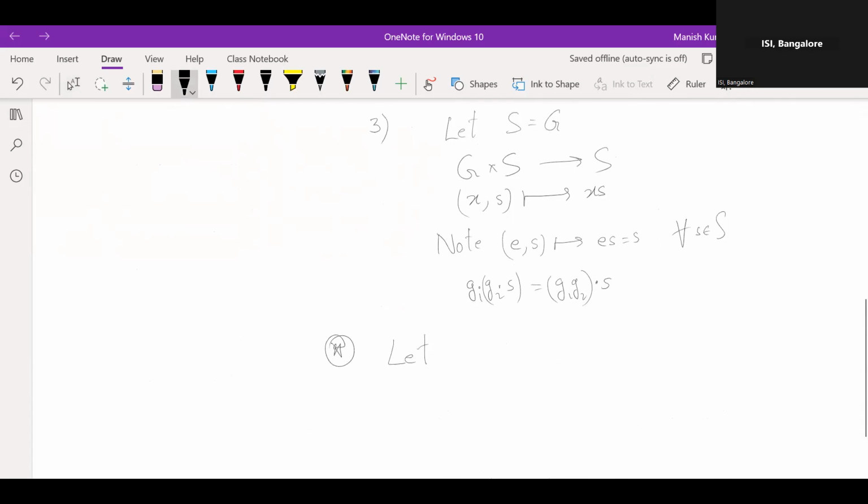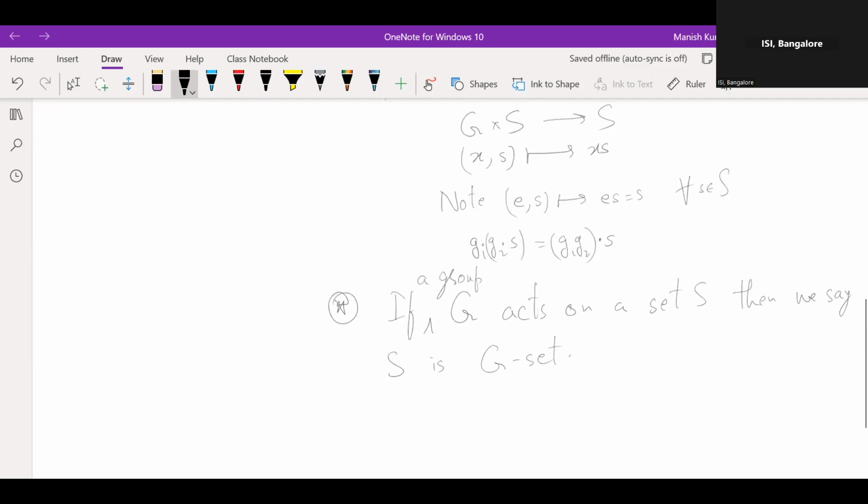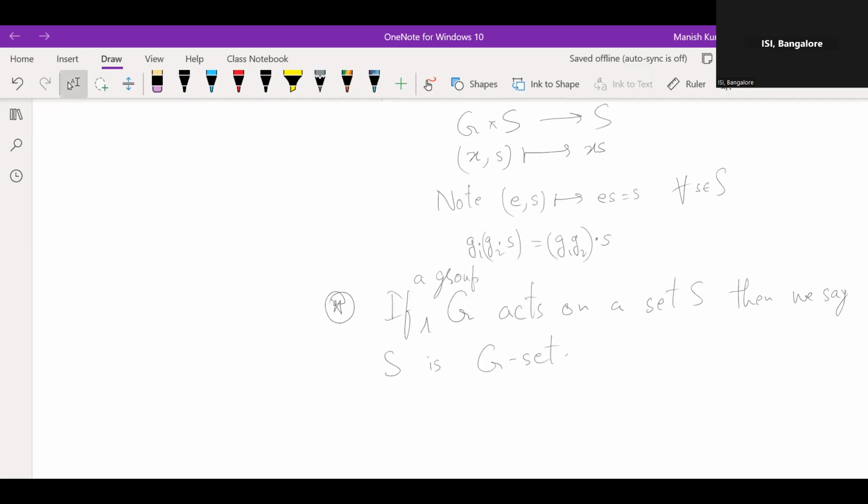First of all, if a group G acts on a set S, then we say S is a G set. It's a shorthand for saying that G acts on a set S. So this is more like a notation.